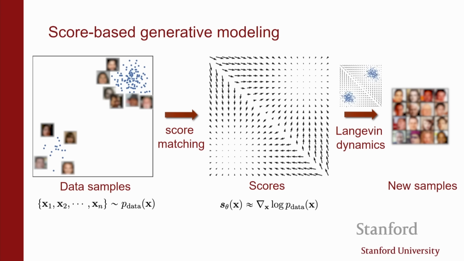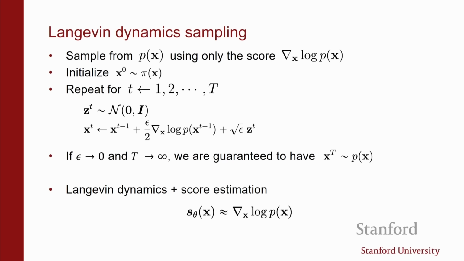The full pipeline is you start with data, you estimate the score, and you generate samples by basically following the score, which kind of corresponds to removing noise. Right? Because we know that the score is telling you the direction that you should follow if you want to remove noise. And so back to what we were discussing before, it has a little bit of this flavor of removing noise and then adding noise, because that's what Langevin is telling you to do.